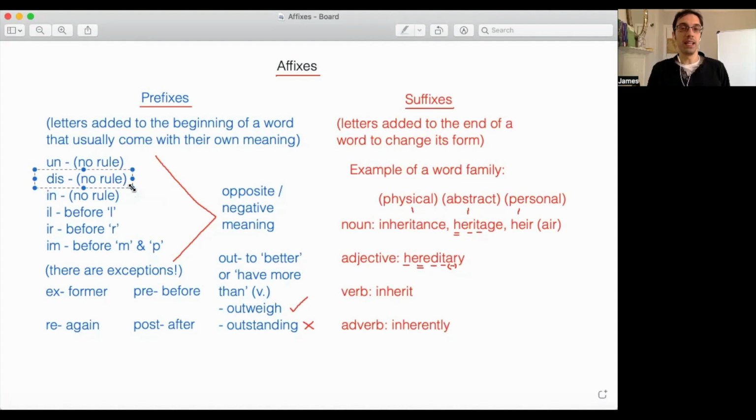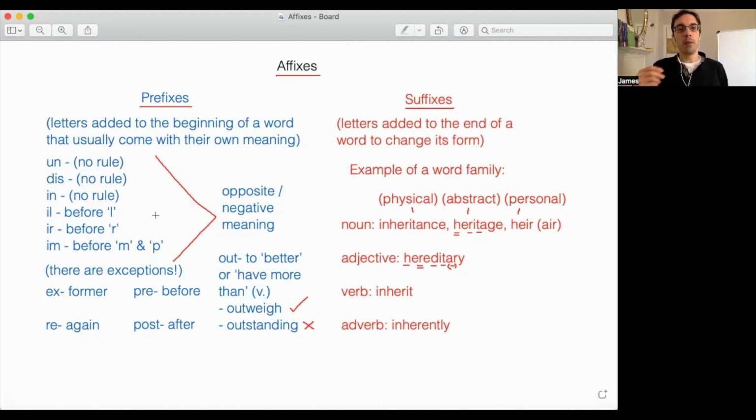So, like I say, even within word families, this can be quite tricky. Now, the word in, sometimes you see it before words beginning with A and C, like inaccessible or incapable, for example. But again, there's no real good rule because there are some other exceptions to that.